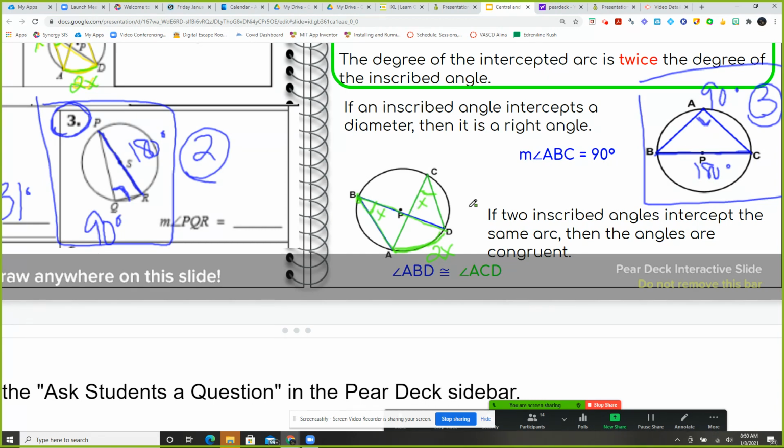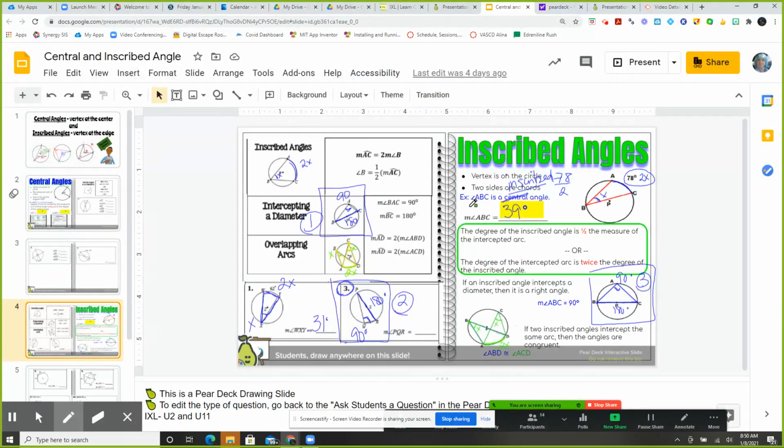Okay, that one's the hardest one to kind of look at. So we've learned three things here. Inscribed angles are small and the arcs are big. And the relationship is two of the small angles make one of the big arcs. If that line is a diameter, then the angle is 90 degrees because 180 divided by 2 is 90.